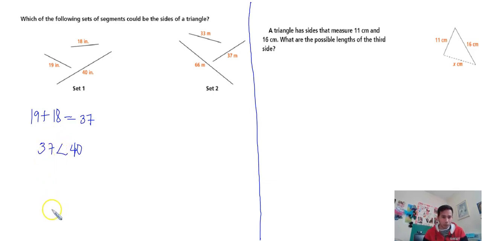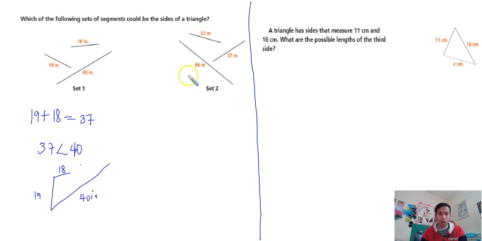So if I'm going to draw that, let's say this is 40 inches and this is 19. Where is 18? Okay, 18 cannot be connected there. 18 is a little shorter than 19, so let's say that's 18. So they will not form a triangle because there is always an opening. You cannot close it.